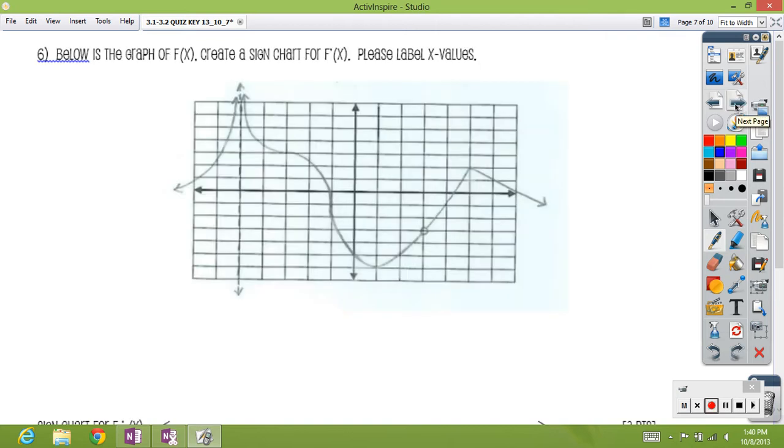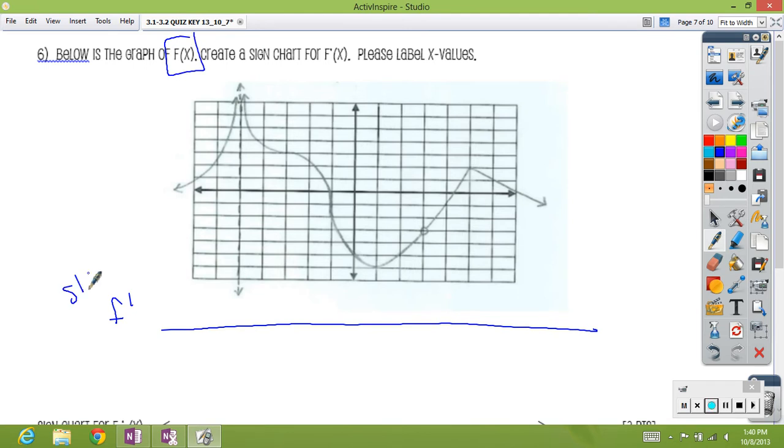Number 6, create a sign chart for f prime. The graph I'm given is f of x, so I'm looking at slopes. First I'm asking myself, where are my slopes 0? That'd be here, that's a horizontal tangent. That'd be here, that's a horizontal tangent. And that would be nowhere else, I don't believe.